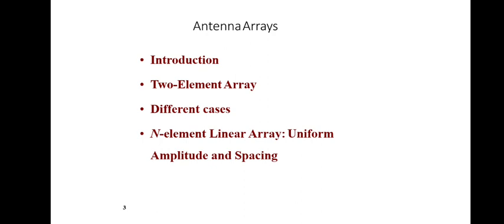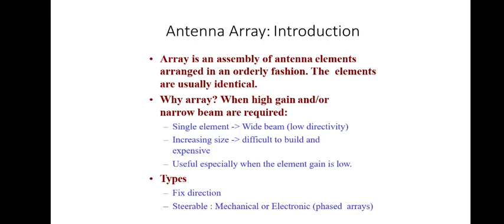We will generally cover the introduction to antenna arrays, the 2-element array and its different cases, and the n-element linear array with uniform amplitude and spacing. These topics we are going to discuss in this session.